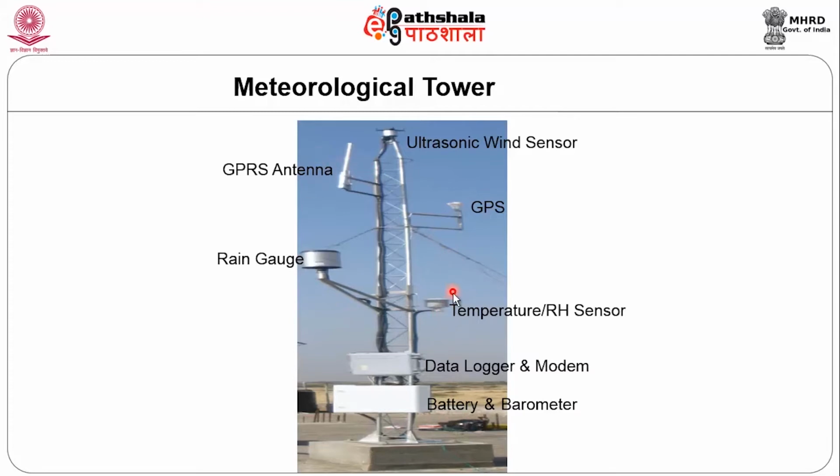The GPS antenna, ultrasonic wind sensor, temperature and relative humidity measurements, everything is taken and stored in the data logging system. For solar photovoltaic systems, the intensity of radiation is also measured through the pyrheliometer and pyranometer, and stored in the data logging system.